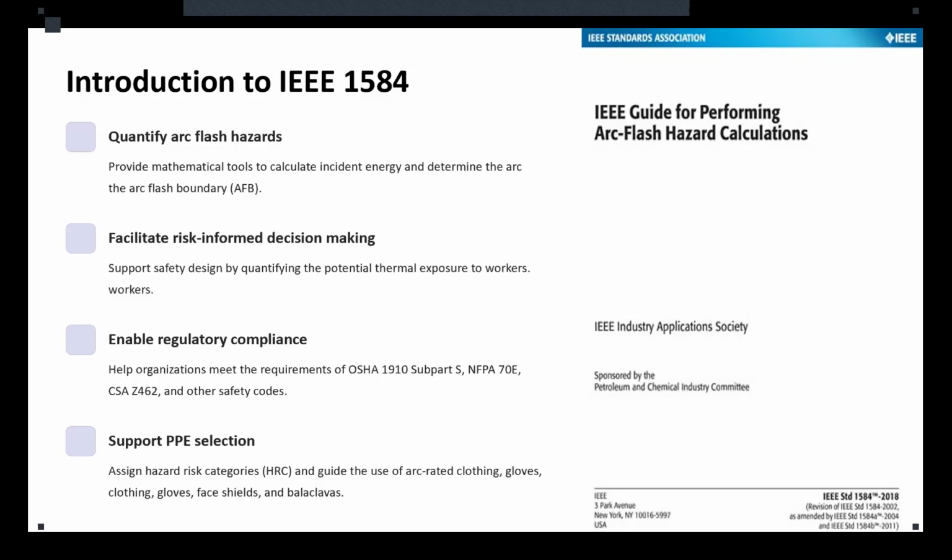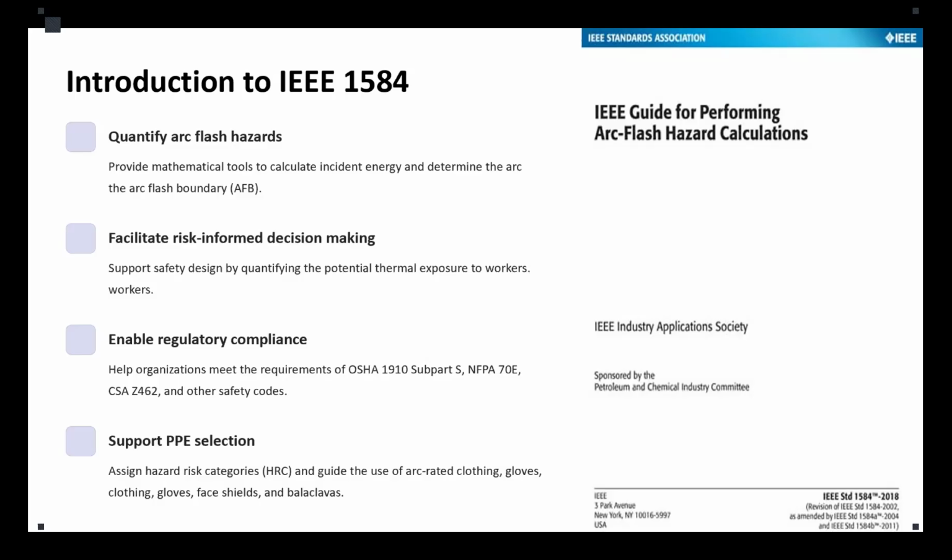Now, the first objective of IEEE 1584 is to quantify the arc flash hazard. That means using a consistent mathematical model to calculate how much incident energy could reach a worker during an arc flash event. This energy is typically expressed in calories per square centimeter, and it tells us how dangerous the exposure to the arc flash is.